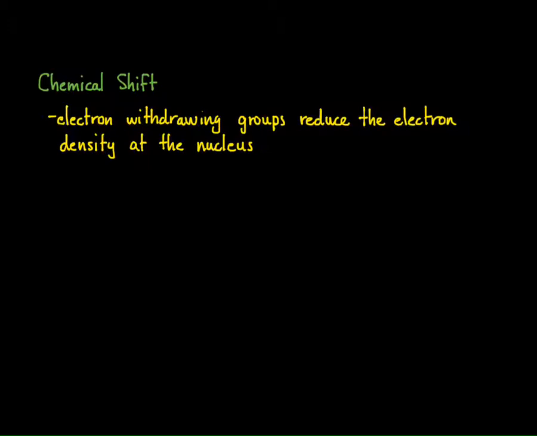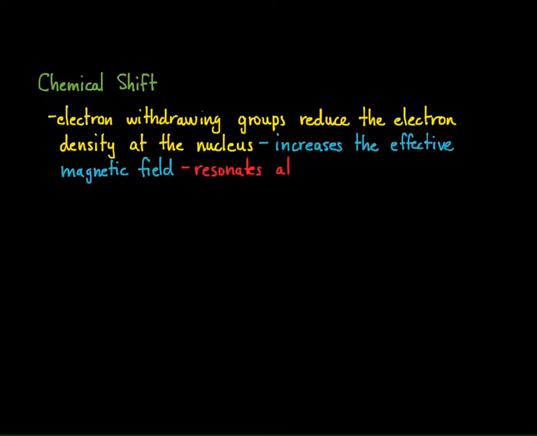But when you have a group attached to that nucleus, so say a carbon, when you have an electron withdrawing group from that carbon, now you have less electrons around the nucleus. So this increases the effective magnetic field, right? This withdrawing effect increases the effective magnetic field. The result is now I have a greater effective magnetic field, and therefore it requires a higher frequency to resonate, to go from alpha to beta.